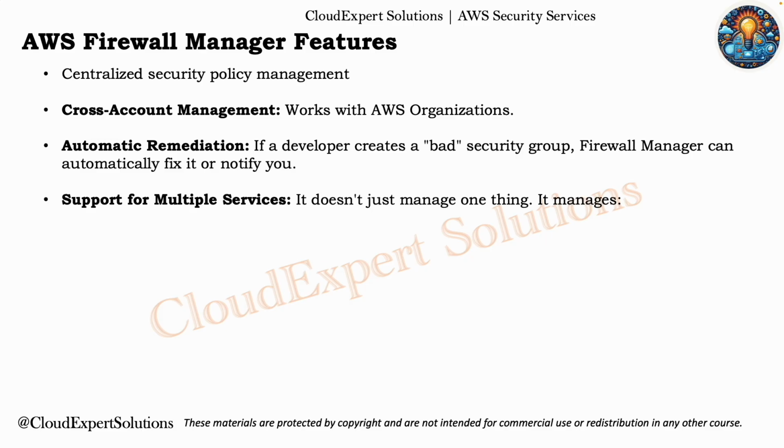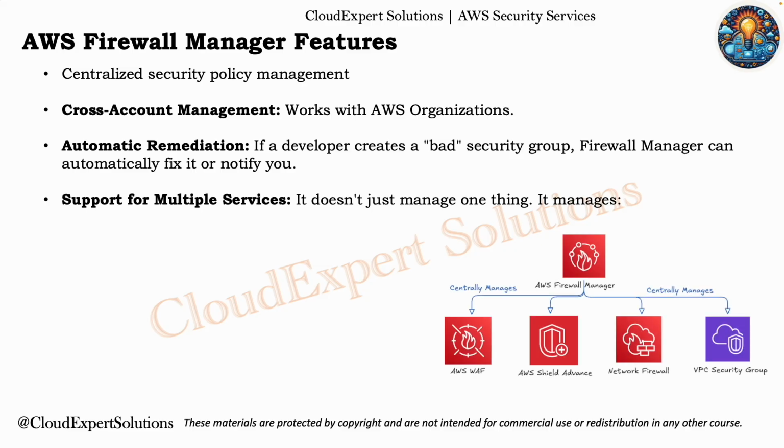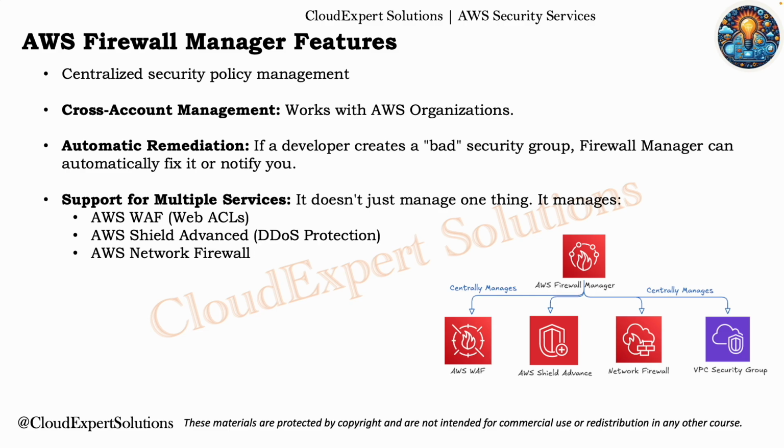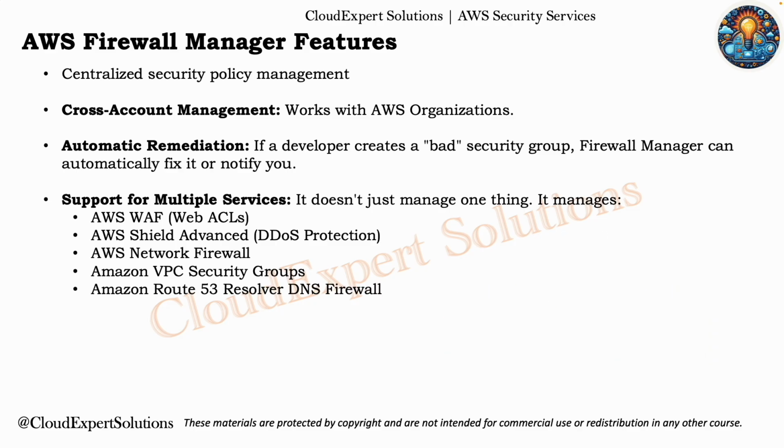Firewall Manager does not replace these services, it manages them centrally, and it can enforce policy for AWS WAF Web ACLs, AWS Shield Advanced for DDoS protection, AWS Network Firewall, VPC Security Groups, and Route 53 Resolver DNS Firewall.